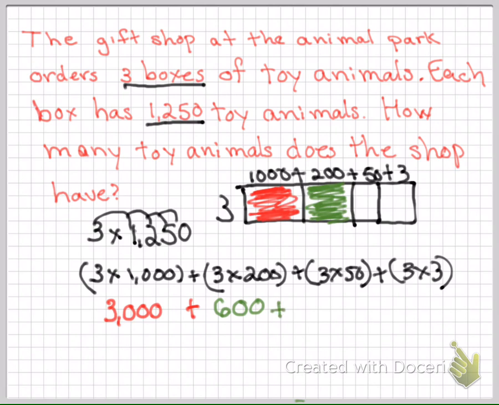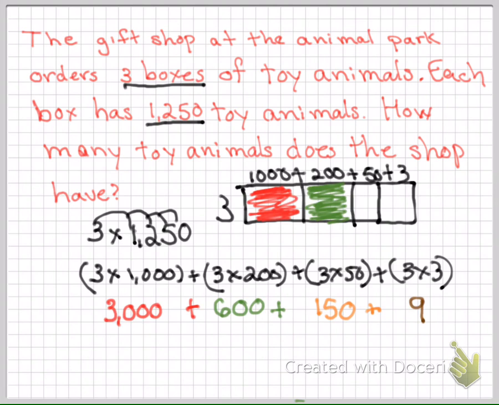Now we got to do a plus. Now we have to do 3 times 50. We know 3 times 5 is 15. Just put down the extra 0. And now the last one is 3 times 3, which we know is 9.